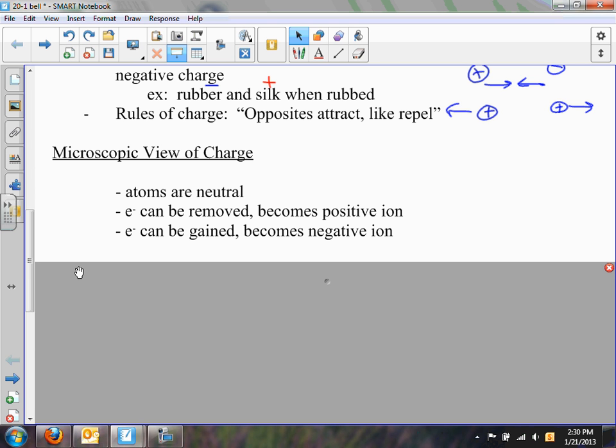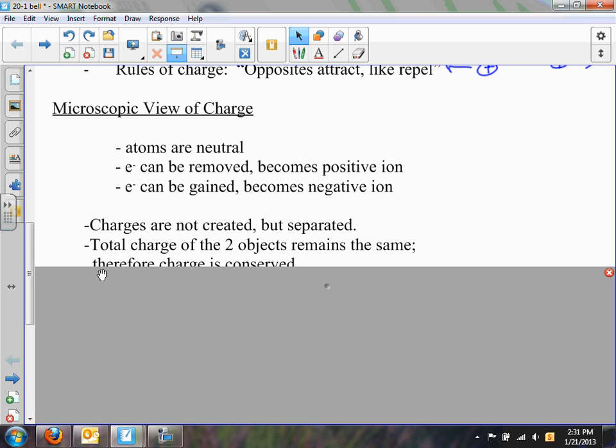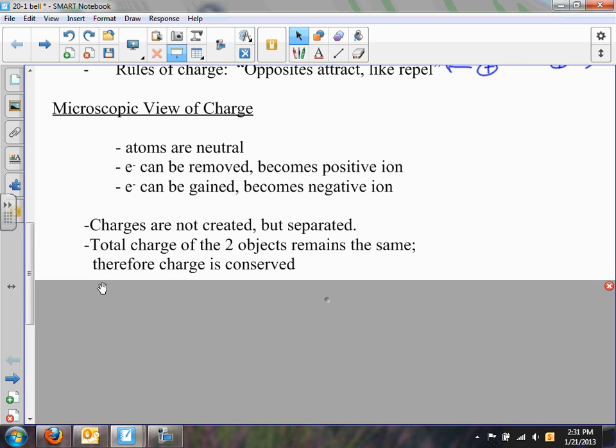But we're not just creating them. Those electrons are coming from something to make it negative, or they're leaving and going somewhere else to make the atom positively charged. So the key thing is the charges are not created, they're only separated.